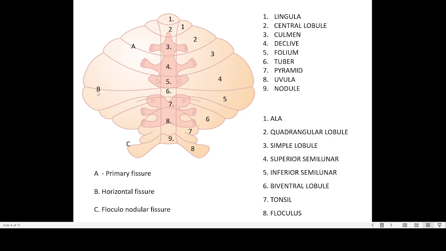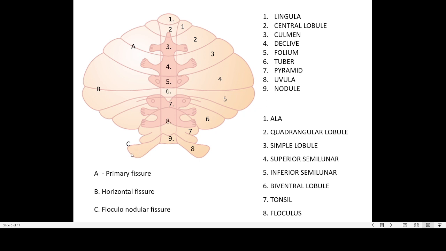Then B, just for identification purposes, is the horizontal fissure, which separates the superior and inferior parts. Then C is the flocculonodular fissure. This fissure separates the flocculonodular lobe from the posterior lobe.